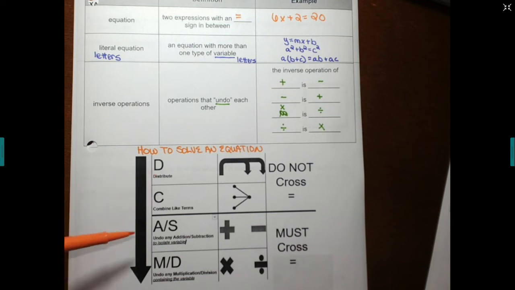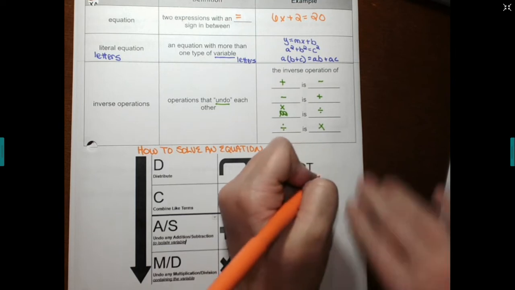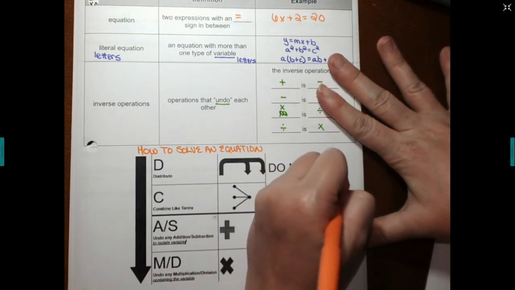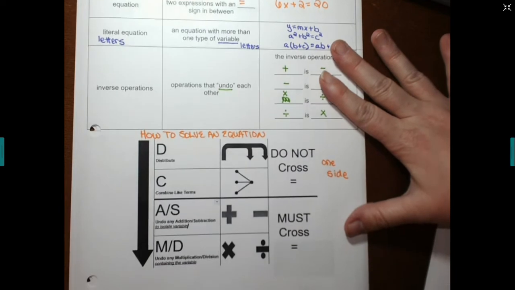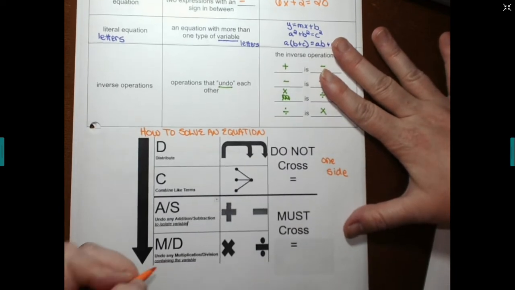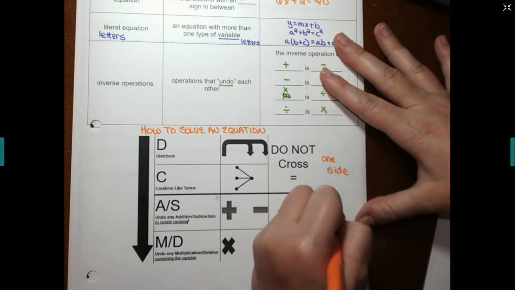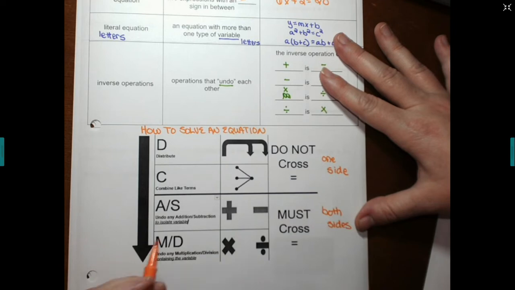So first we distribute, then we combine like terms. These things happen on one side only of our equation. So these do not happen to both sides at the same time. But then once we get to adding and subtracting, multiplying and dividing, these have to happen to both sides. So if I'm adding 3, I have to add it to both sides.